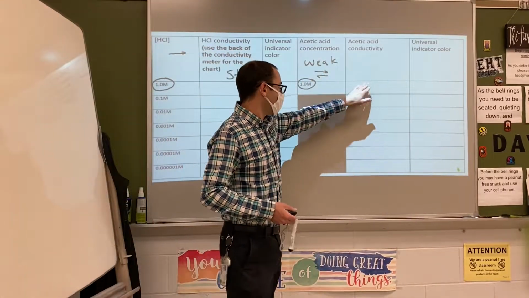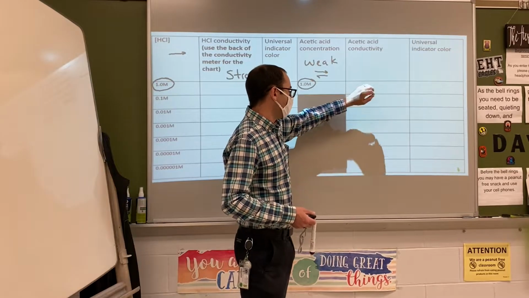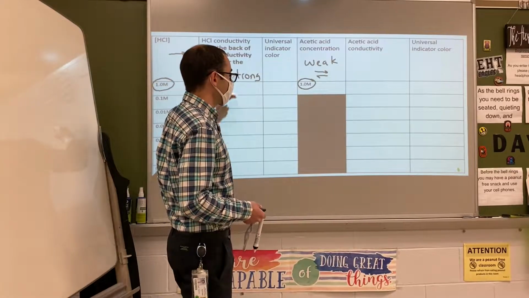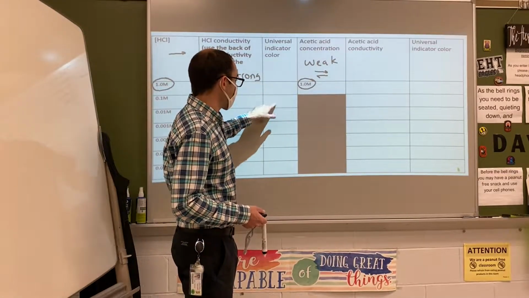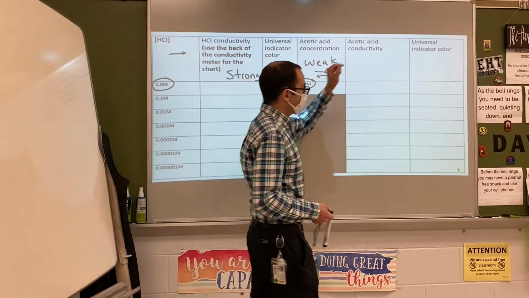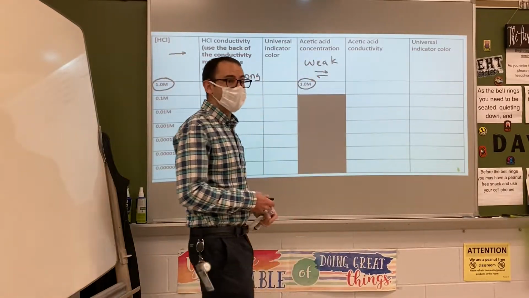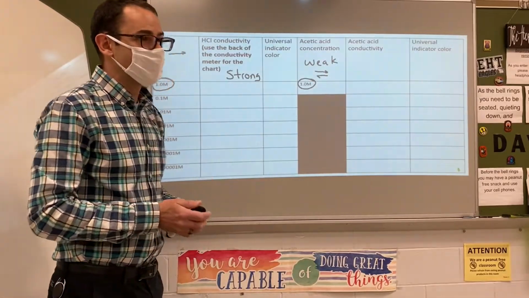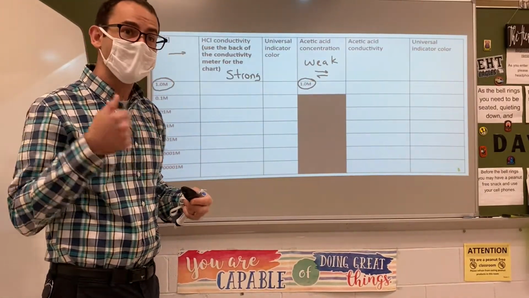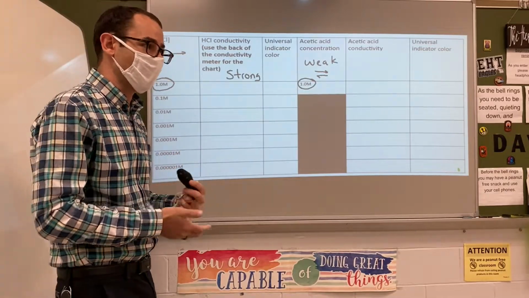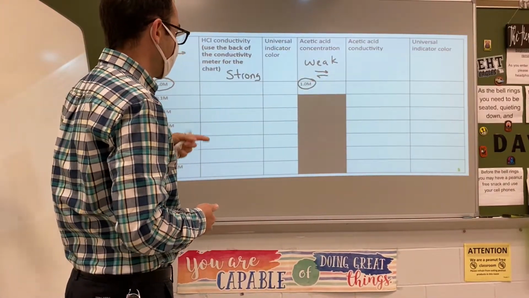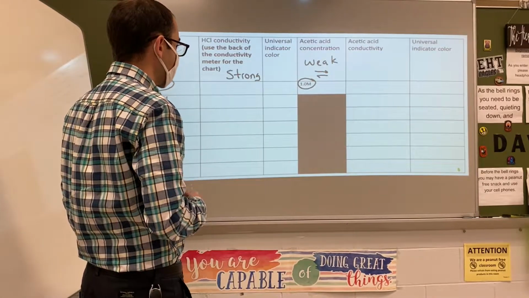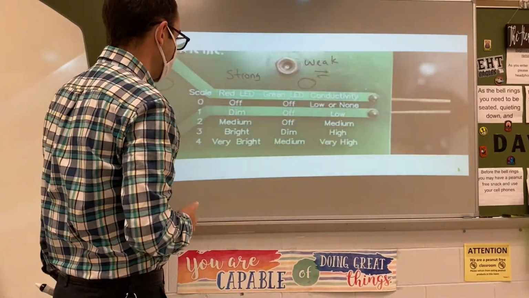And then we'll also have a number here, or a word describing its conductivity, and then we can compare them over here. Then we'll put a couple drops of universal indicator into all of them, and a couple drops into here, and see if it also agrees, if it lines up with the same one based on color. So we'll look at this based on conductivity and also pH in a way, because we're looking at the universal indicator, which will give us the pH range for it. So that's what we're doing overall today.